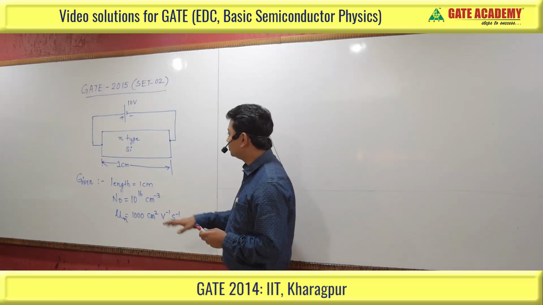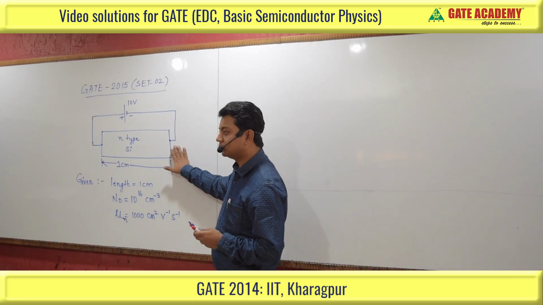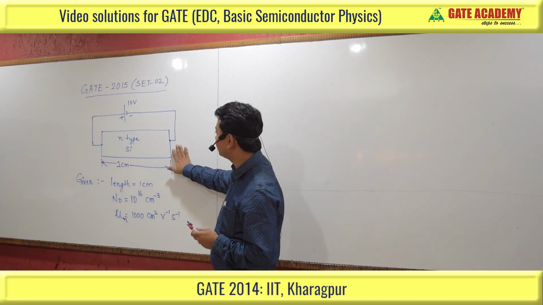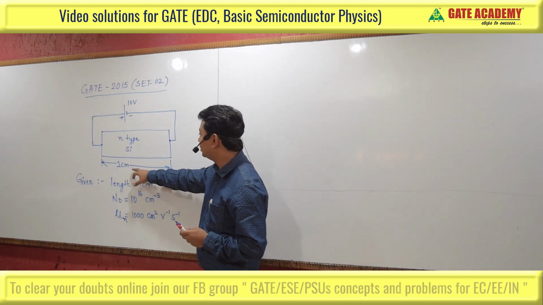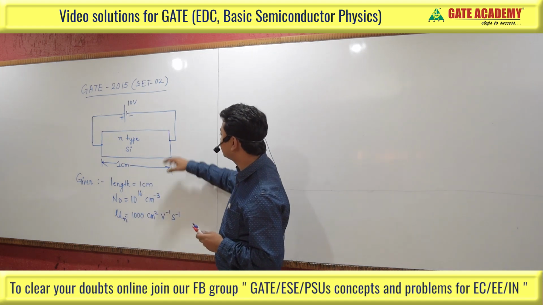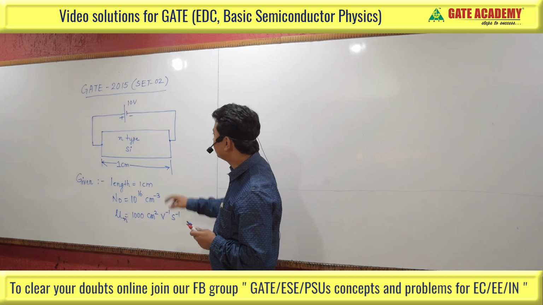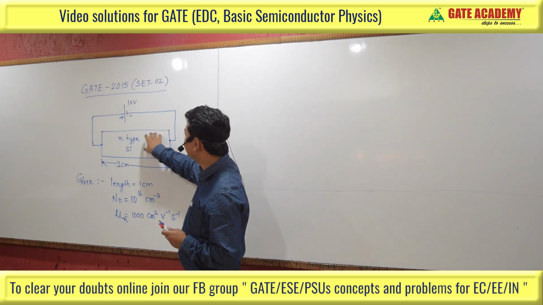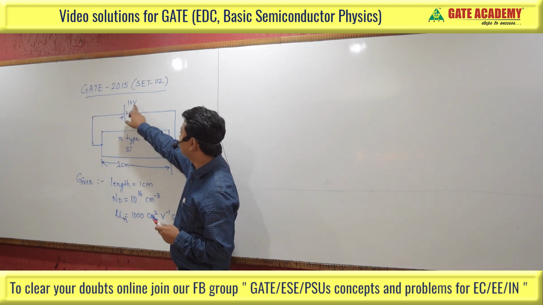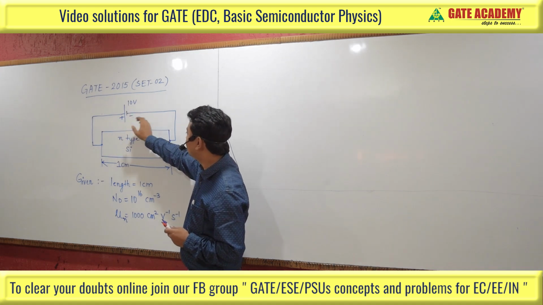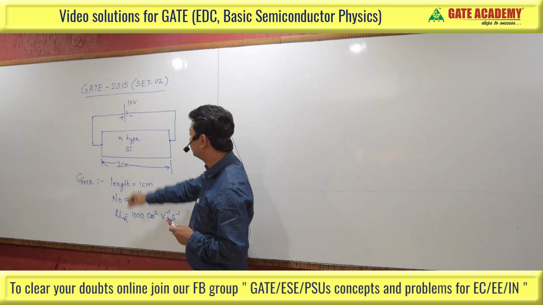So according to the question, this is the diagram given in the question, and in this diagram we have an N-type silicon bar which has a length of 1 centimeter, and it is given that its cross section is square. In this semiconductor bar a constant voltage of 10 volt is applied, and the polarity is negative on the right side and positive on the left side.